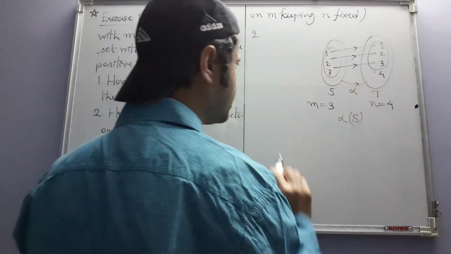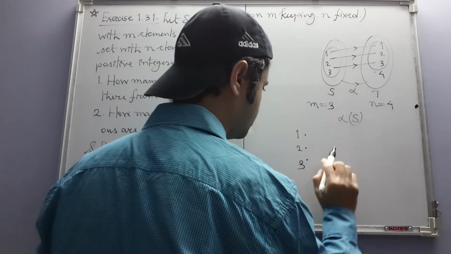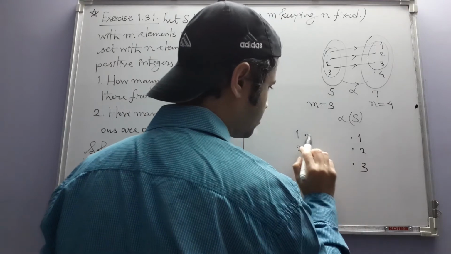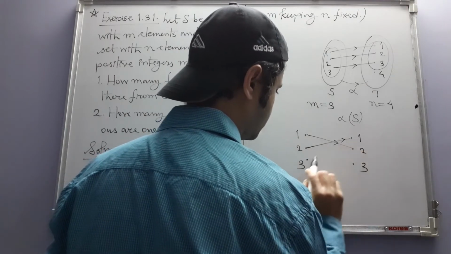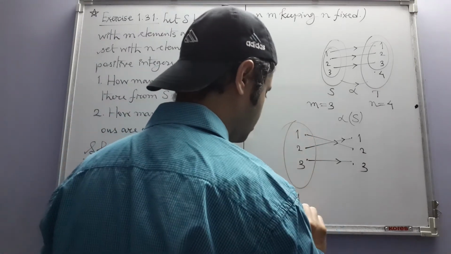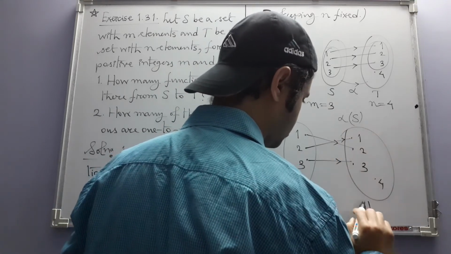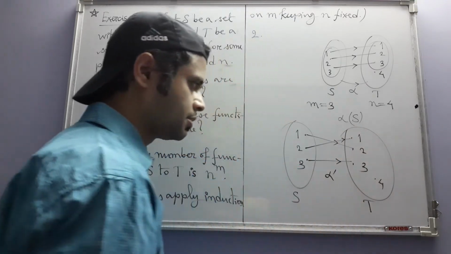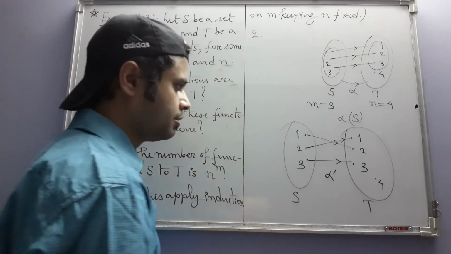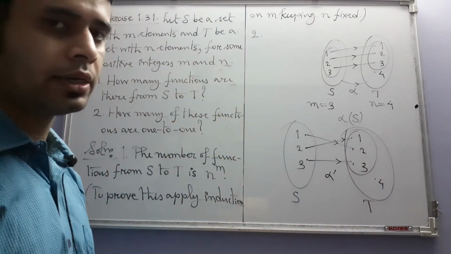For example, instead of this, you could have had this also, say another function alpha prime. This is also one-to-one, and here the images are the same, 1, 2 and 3.